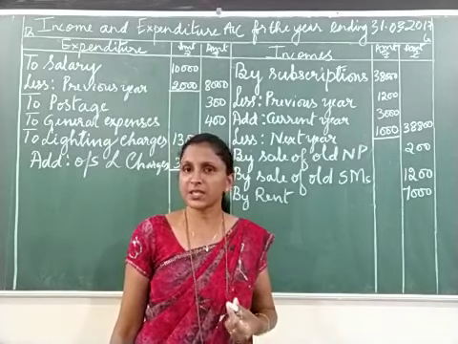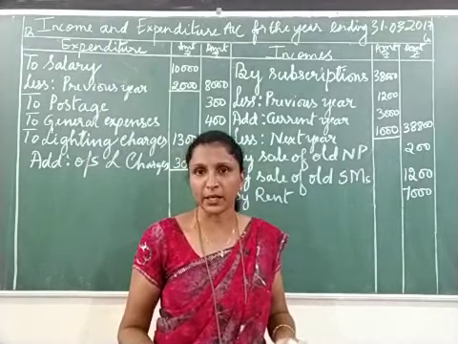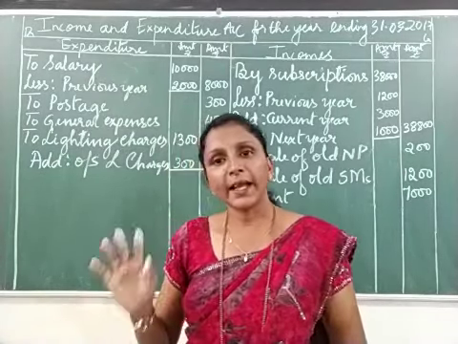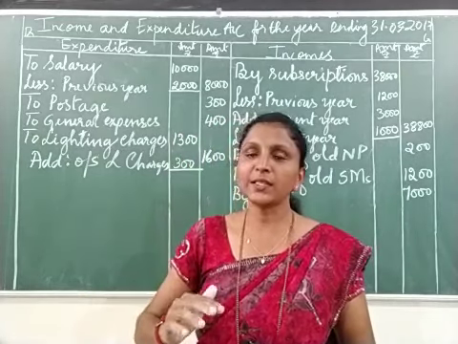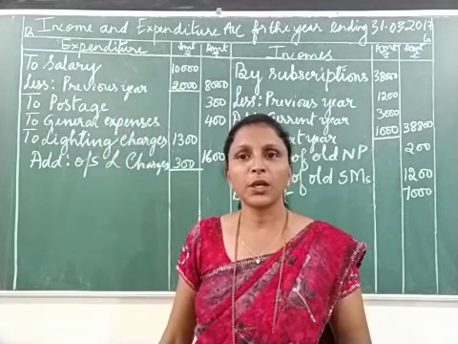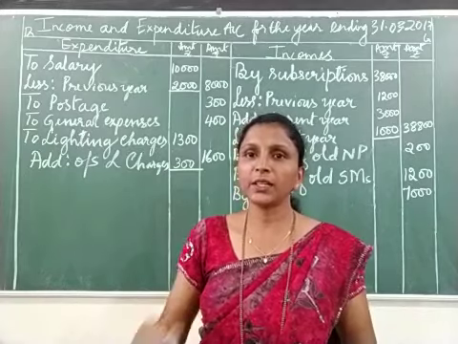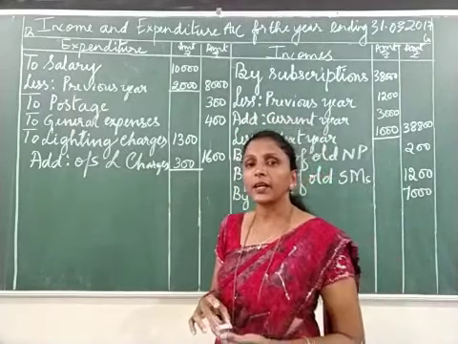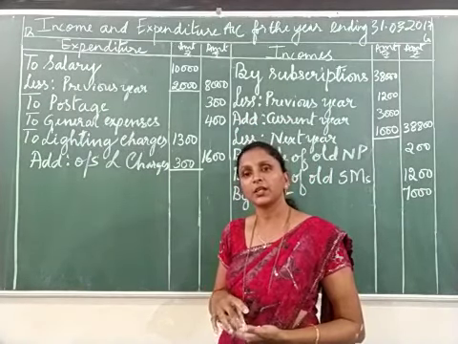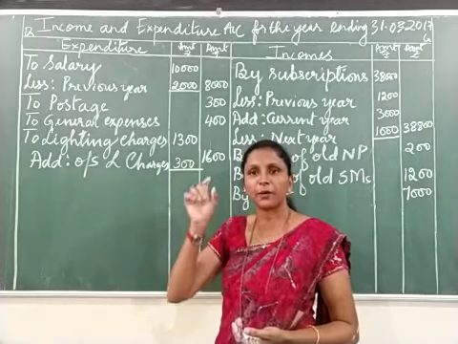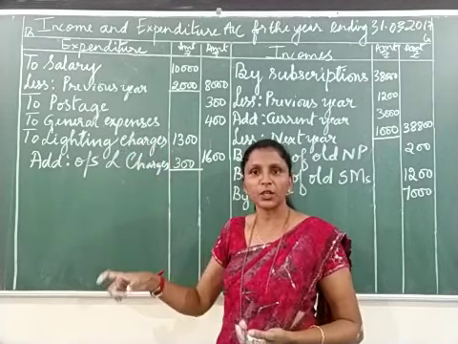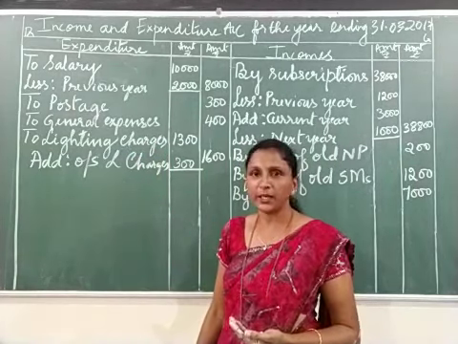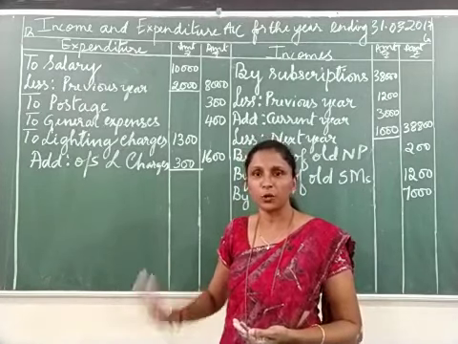And cash, when we say cash in hand or cash at bank, it is an asset to us. So as it is an asset, it should go to the balance sheet. So that item we consider it as a capital item. So we write it in the balance sheet because cash is an asset which has to be written on the asset side of the balance sheet. So we are not taking it now.